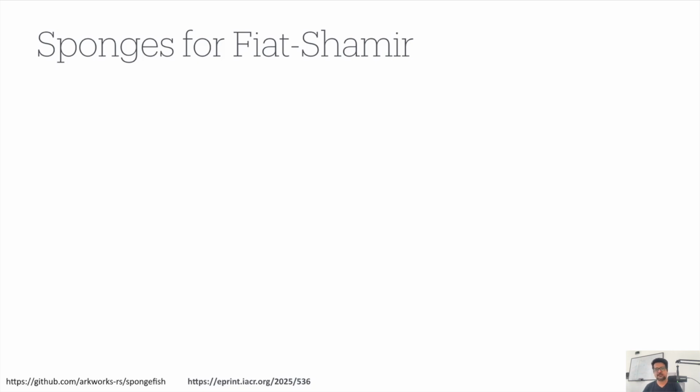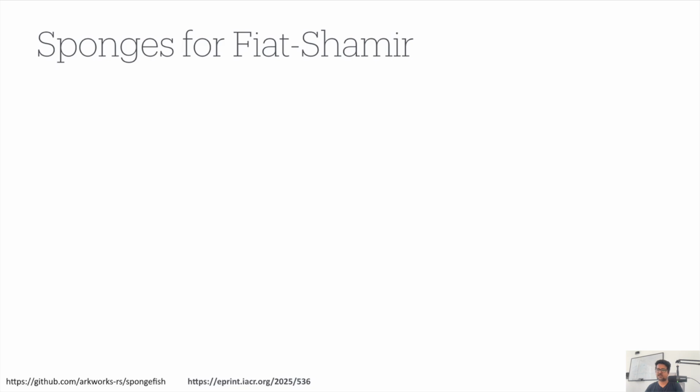Now we are going to discuss a specific construction called the spongefish construction, which is a very recent development in the literature, which uses sponge hashes for defining Fiat-Shamir. So far, what we saw was hash invocations.